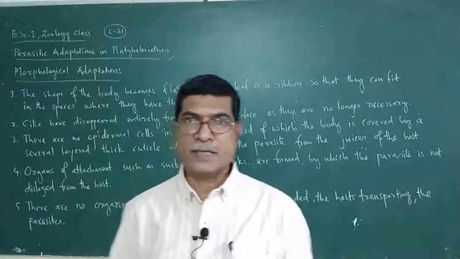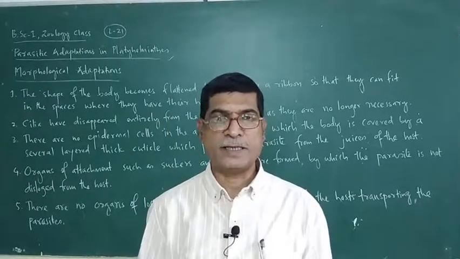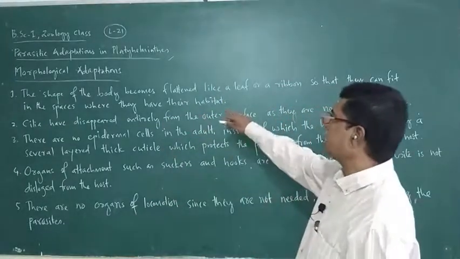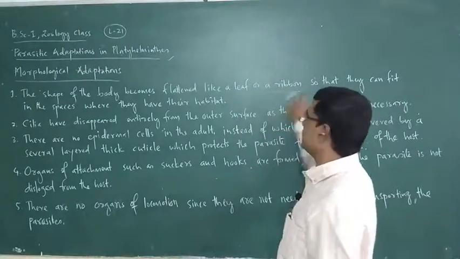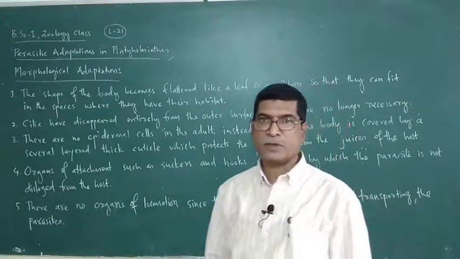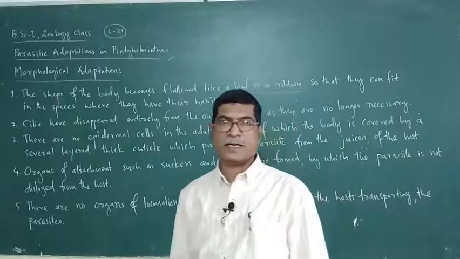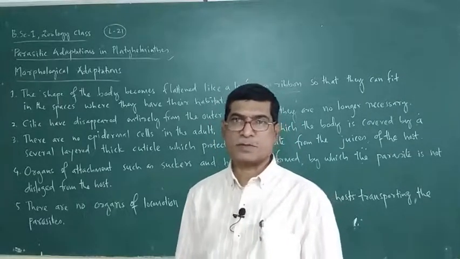Okay, so let us start with the morphological adaptations seen in flatworms. The shape of the body becomes flattened like leaf or ribbon. Flatworms' body, you know it, they are dorsoventrally flattened, therefore they are called flatworms.